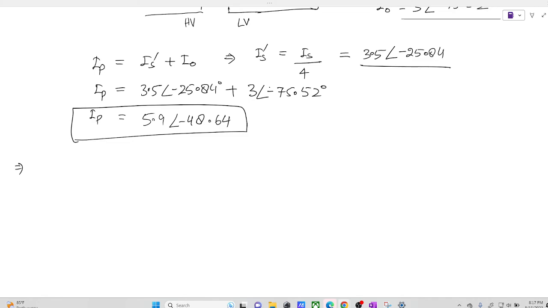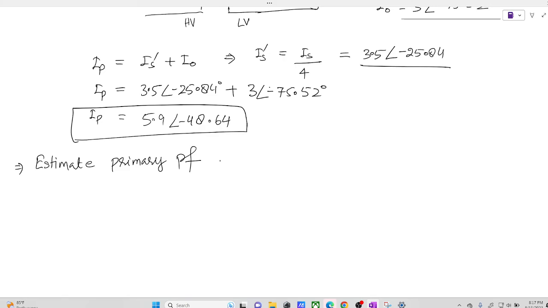Now the next part is to estimate the primary power factor. Power factor will be cos of this value. So input power factor, 0.66, sir.